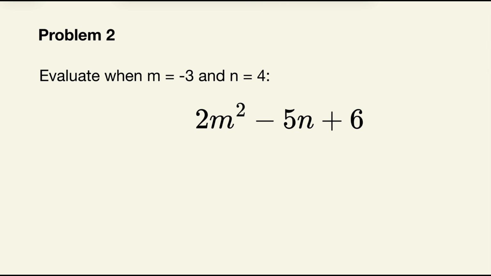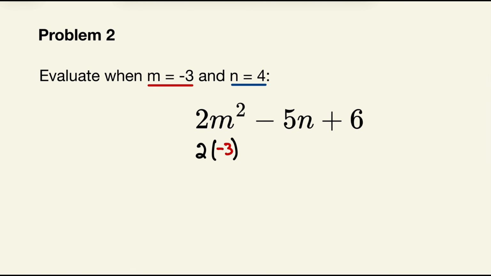Okay, here is problem number 2. We have to evaluate when m equals -3 and n equals +4. All right, so let's go ahead and substitute carefully. We have 2 times m, which is given to us as -3.